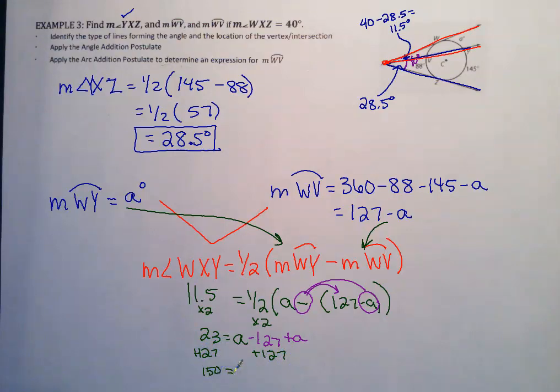Equals A squared. Nope. A plus A is not A squared. A plus A is 2A. Then what would we do? Then you divide by 2. So A equals what? 75 degrees. So that's, again, kind of an intermediate answer.